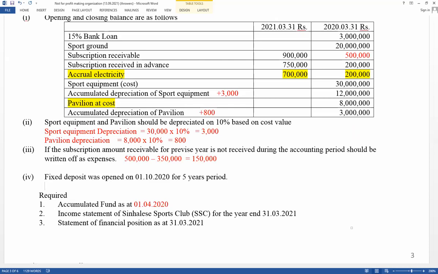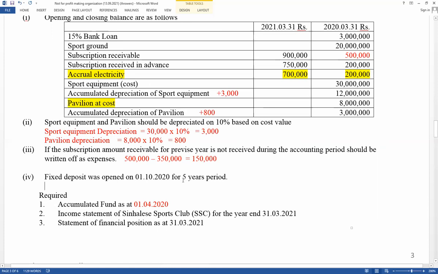See additional information, the fourth one. It has given that the fixed deposit was opened on 1st October 2020 for a 5-year period. For a 5-year period, therefore it should be included under non-current assets.